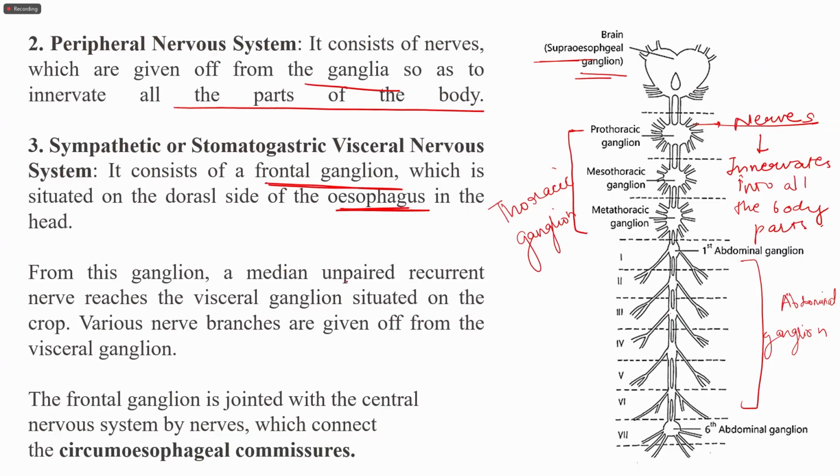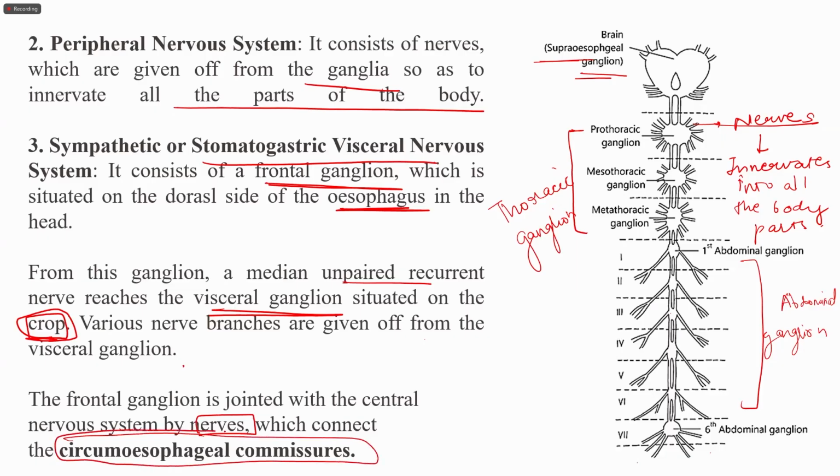From this, a median unpaired recurrent nerve reaches the visceral ganglion situated on the crop. This is part of the alimentary canal, the gastric system, therefore stomatogastric visceral nervous system. Various nerve branches are given off from the visceral ganglion, and the frontal ganglion is joined with the central nervous system by nerves connected to the circumoesophageal commissures, as I mentioned.